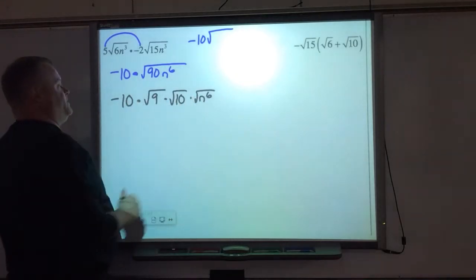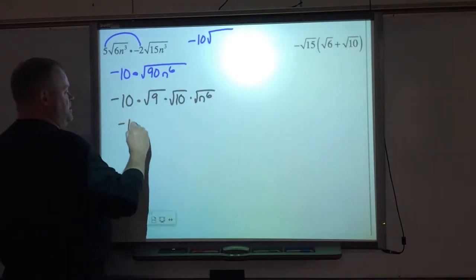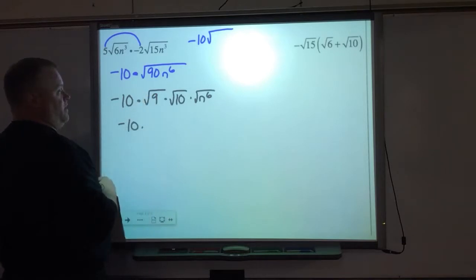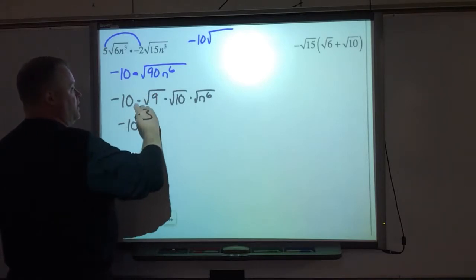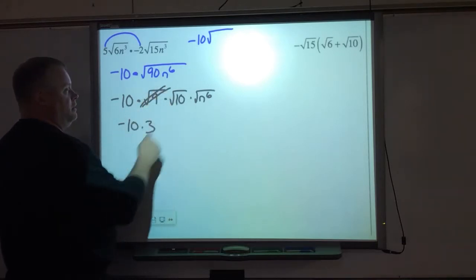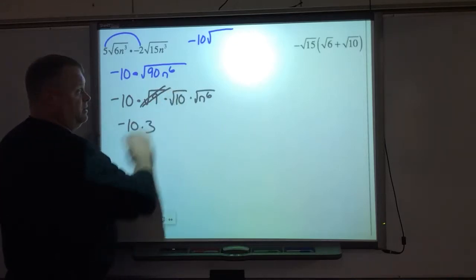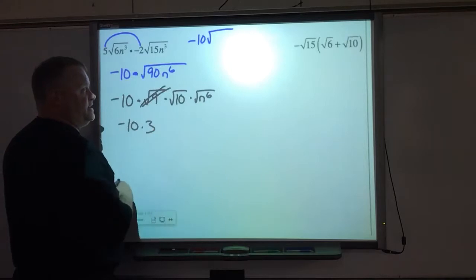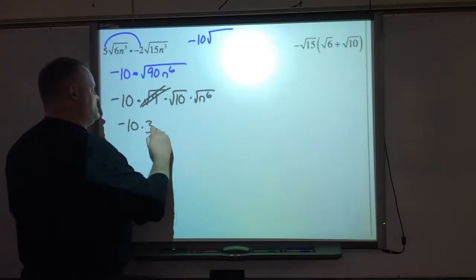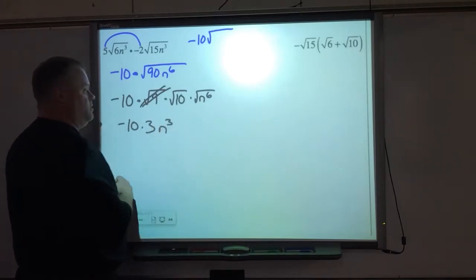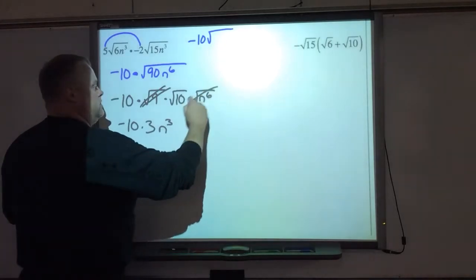From here, eliminate the ones that are perfect squares. So negative 10 times square root of 9 is 3. So I've used that one up. Square root of 10 is simplified as possible, so I'm going to leave it alone. N to the 6. Well, the square root of n to the 6 is n to the third. That one eliminates.